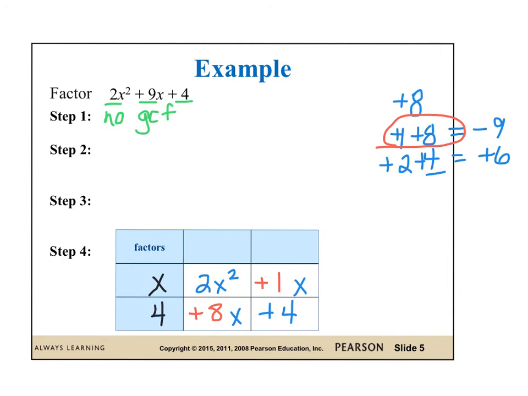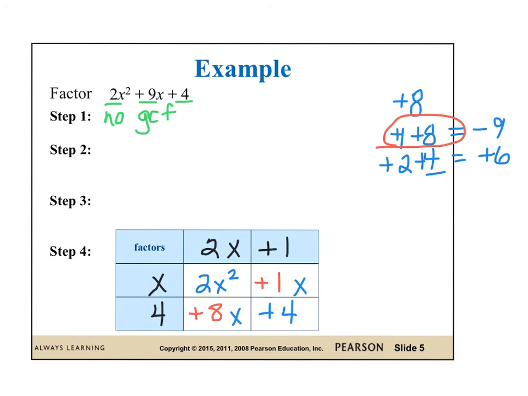And so that's the greatest common factor for the second row. For the first column, both of these have an x. And 2 will divide into 8. So the greatest common factor is 2x. And the greatest common factor between positive 1x and positive 4 is positive 1.